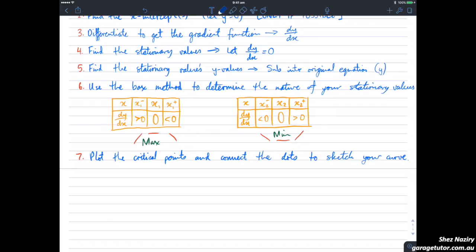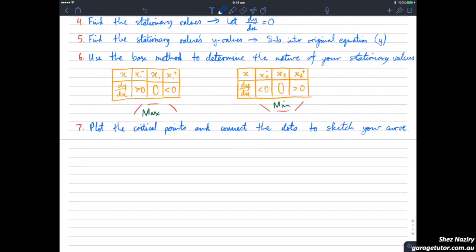Who wants to choose a question? Someone just choose. We did one like 6, didn't we? We did one like 8 as well. Let's try 7. All right, we're going to sketch 7.